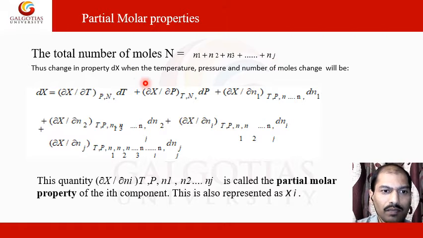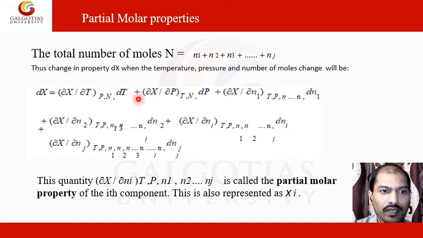Thus the change in property when the temperature, pressure and number of moles change can be seen from dx equals del x upon del T at constant pressure and total number of moles N, into dT.